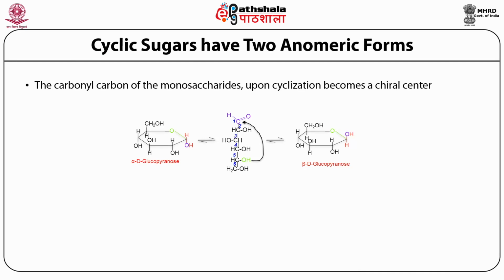Upon cyclization, the cyclic sugars can have two anomeric forms. What basically happens here is that when the hydroxyl group at C5, as shown in green in the figure here, attacks the electrophile at C1, which is shown in purple, it results in the generation of two different cyclic forms which are referred to as alpha and beta forms, and the alpha and beta forms are known as anomers.